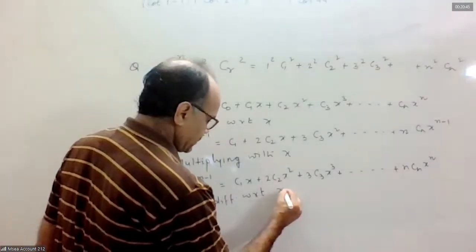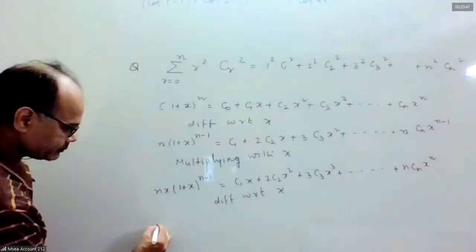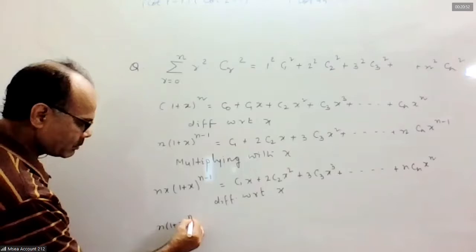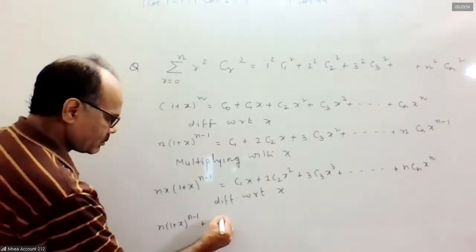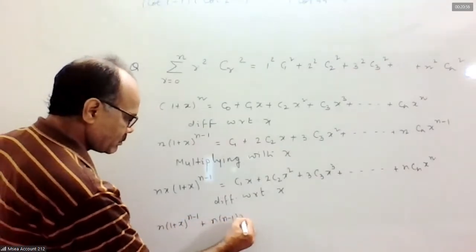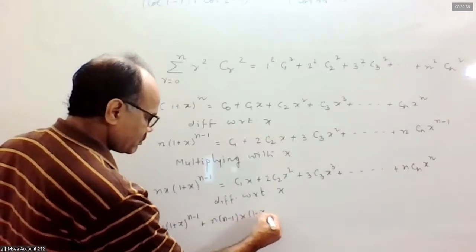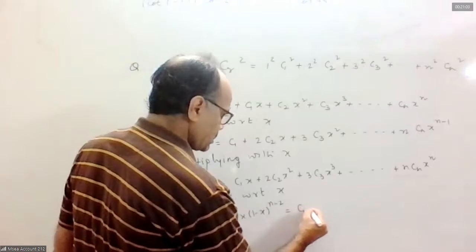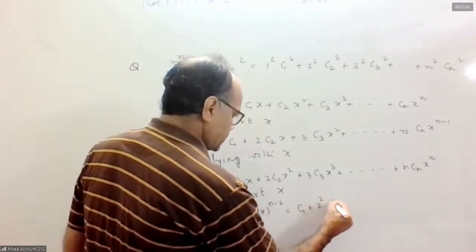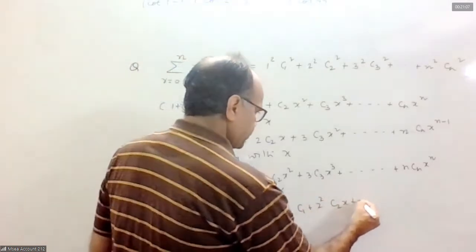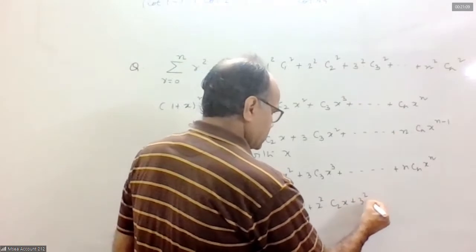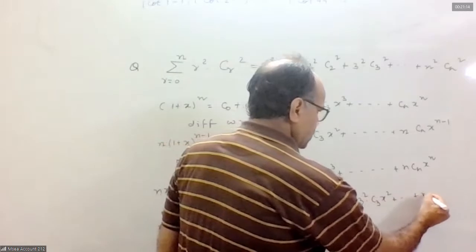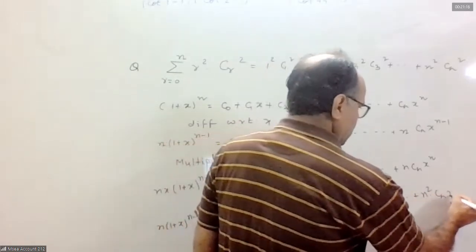Differentiating with respect to x: C1, 2 square C2x, 3 square C3x square, plus n square Cn x to the power n minus 1.